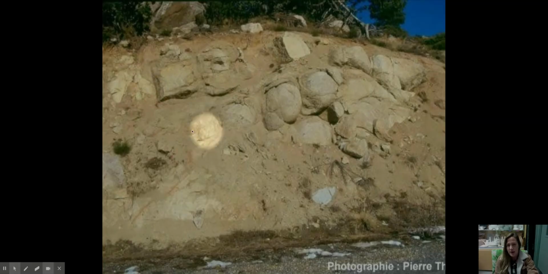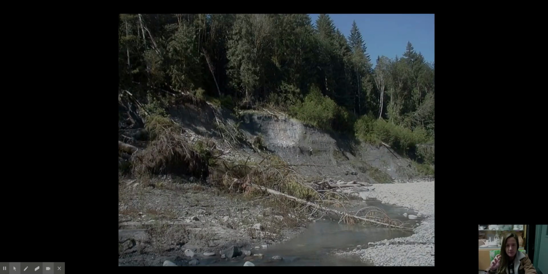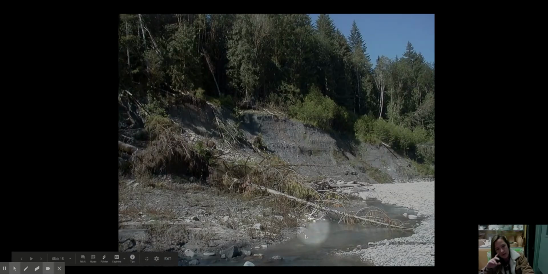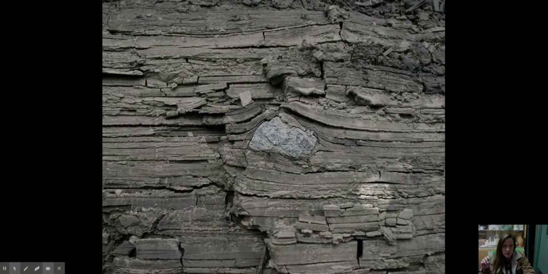Decomposing granite is also commonly used in landscaping. They call it DG, and it's grainy, rough, sandy granite. Other places you can see decomposing granite is on the sides of rivers where water is flowing by that granite, breaking it down into smaller and smaller particles.